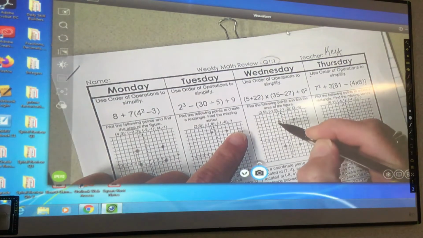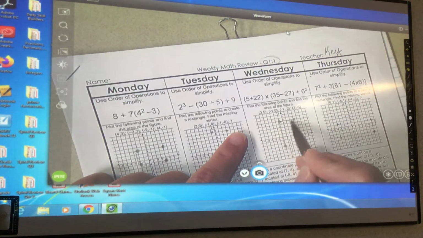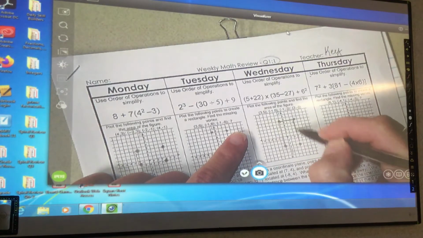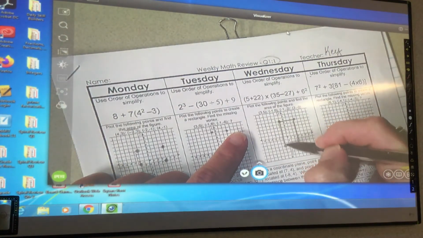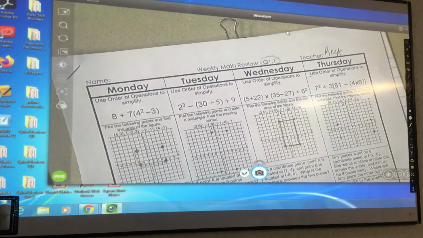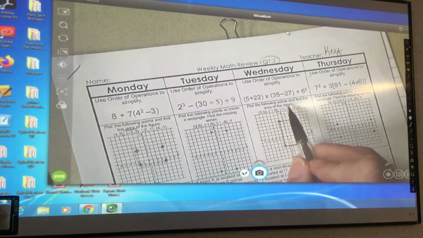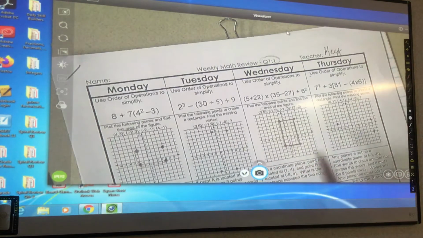Some of you are putting lines and making it look like a rectangle, which is great. If you're not, that's okay too. But we need to find the area. So I need to find the length. So this is 1, 2, 3, 4.